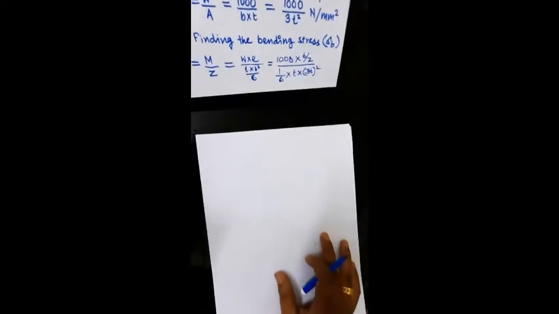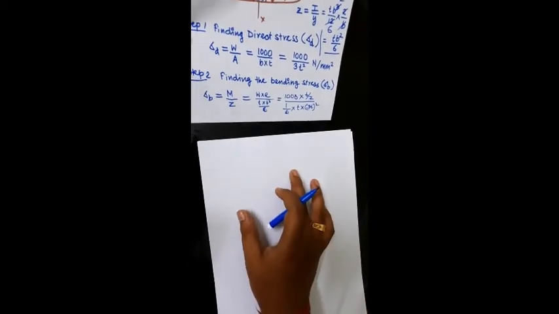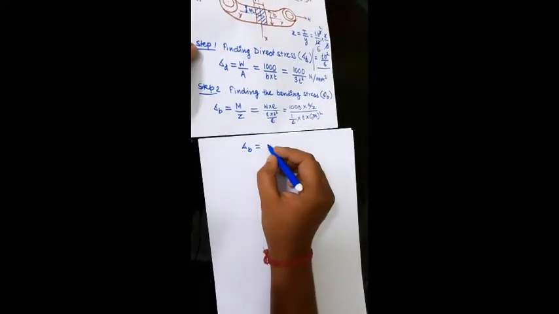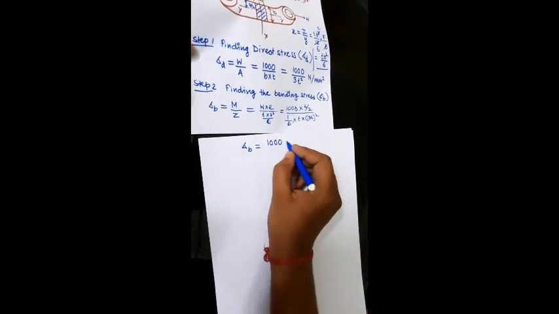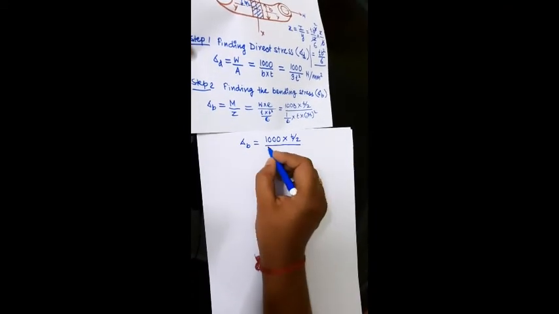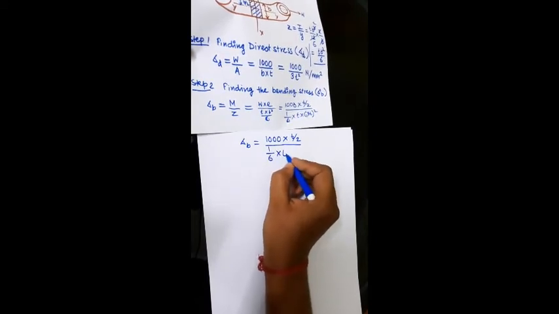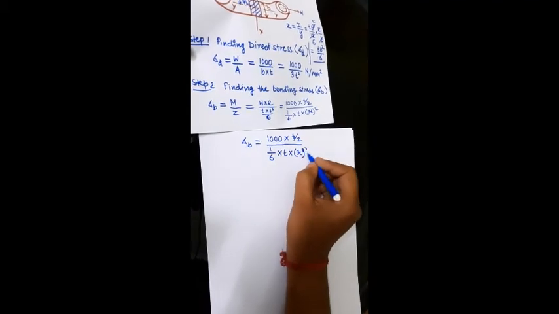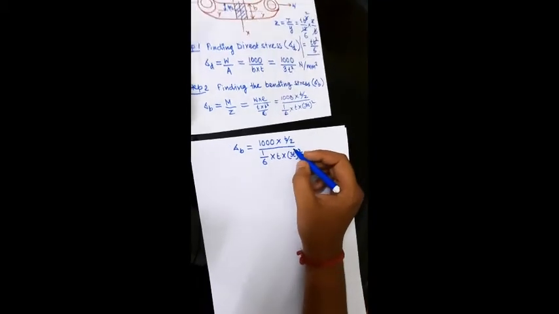So from here we can take this value as sigma b is equal to what we got here, 1000 into b by 2 by 1 by 6 into t into 3t whole square. Now from this what can we write?